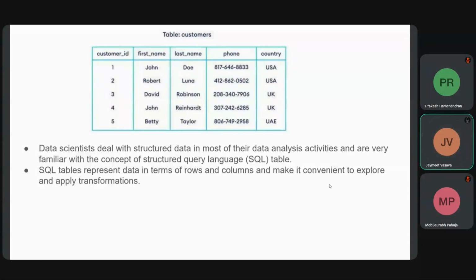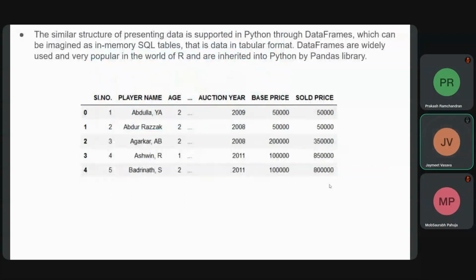SQL tables represent data in terms of rows and columns and make it convenient to explore and apply transformations. In a very similar way, like SQL presents data in a table with rows and columns, we have in Python, through pandas, something called data frames, which is an in-memory data structure similar to SQL for use in Python.